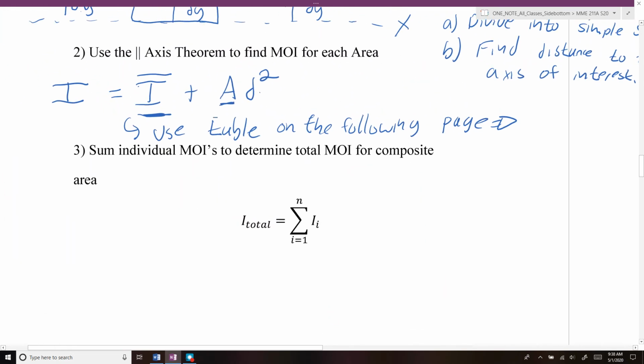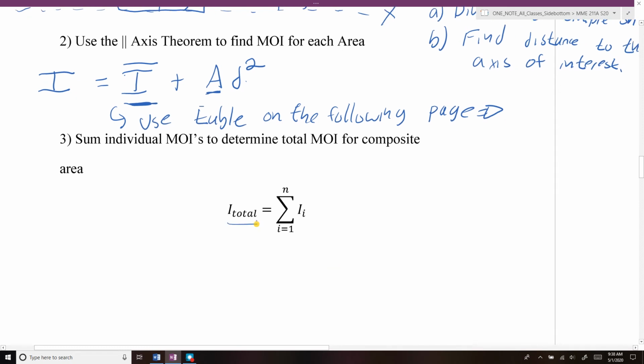The last thing you have to do is sum up the individual moments of inertia to determine the composite area. You would use this formula where the total moment of inertia is equal to the sum of the moment of inertia for each individual section, and n is equal to the number of sections.